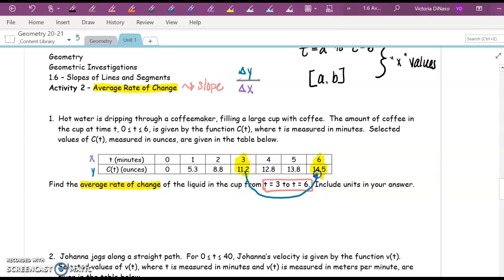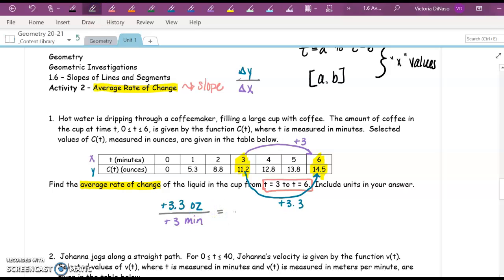So I'm going to count how many numbers I go up from 11.2 until 14.5, and I'm going up 3.3. So we have a positive 3.3 ounces divided by, next, our change in x. So from 3 to 6, I'm going up 3 numbers. So we have positive 3 minutes.